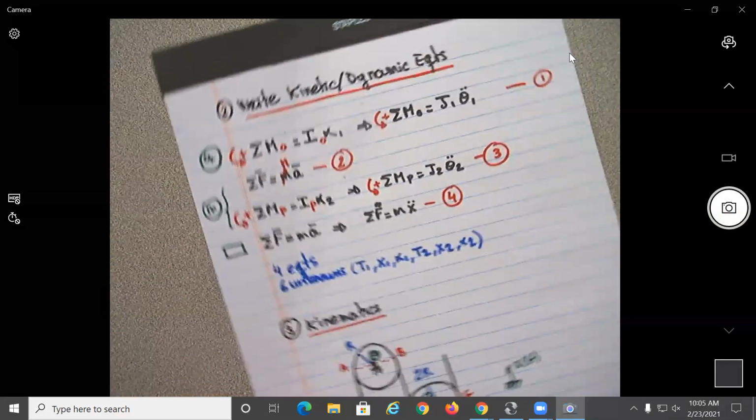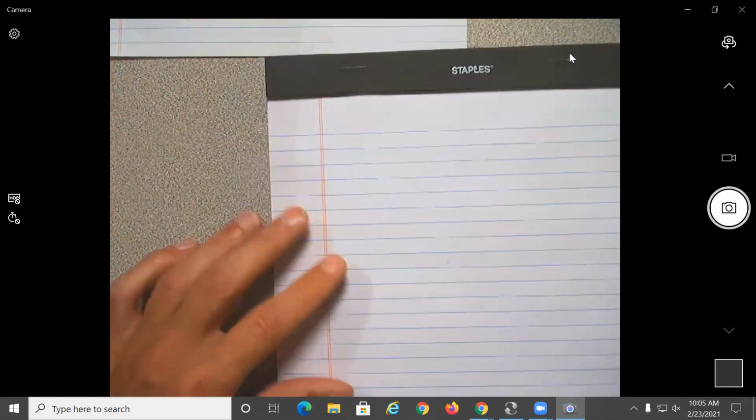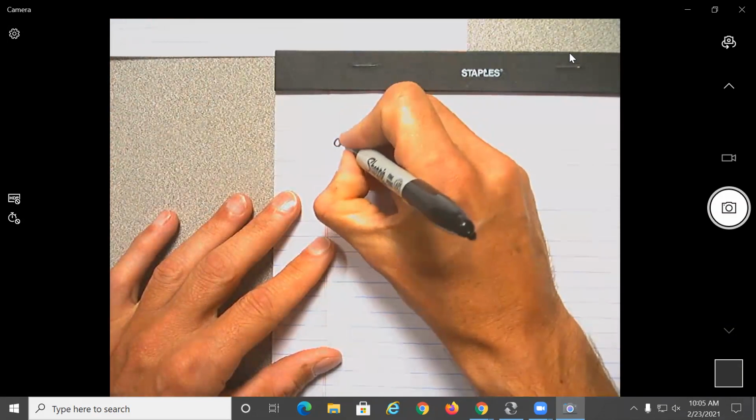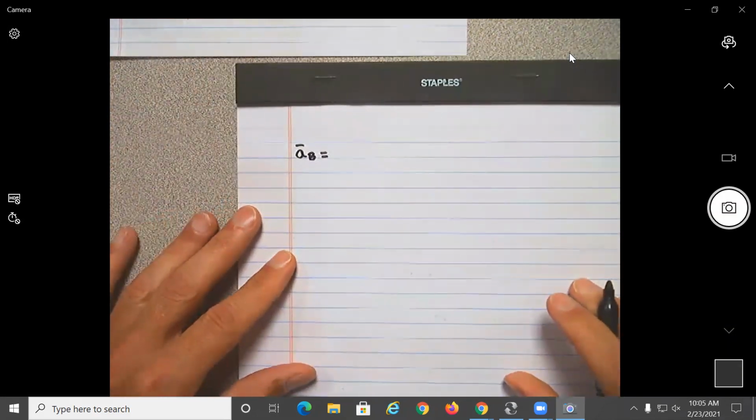All right, so from the figure, you can write down the acceleration of point B. If we use the dynamics equation, it will be equal to what?